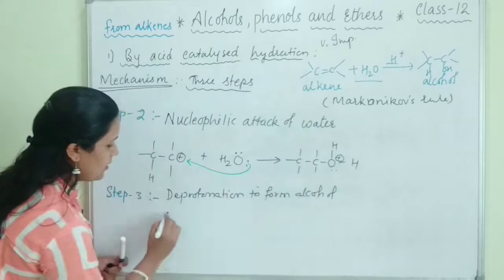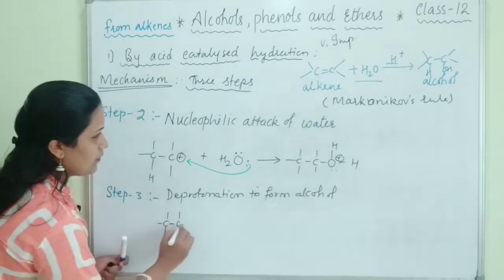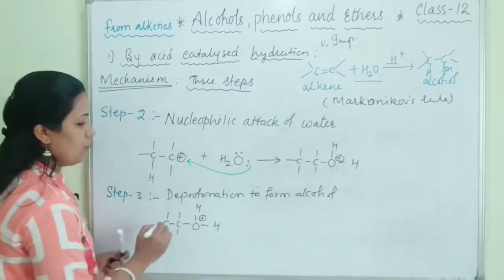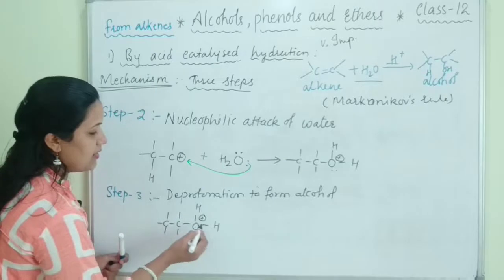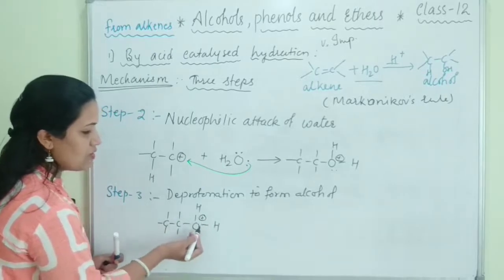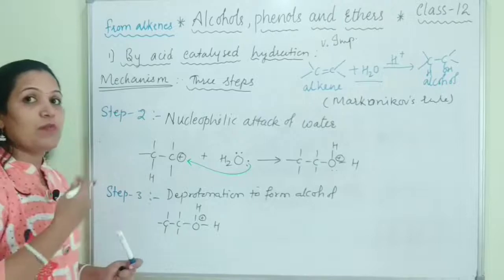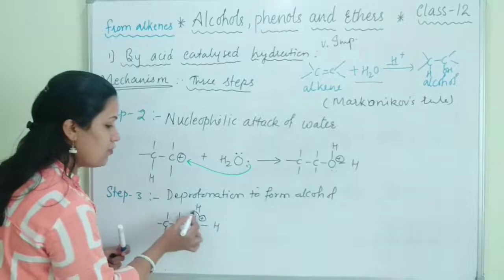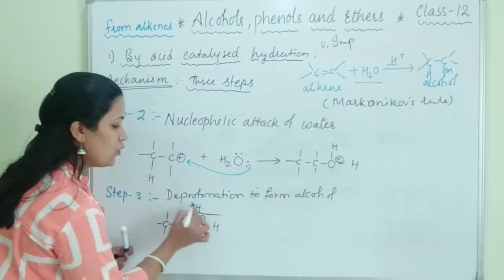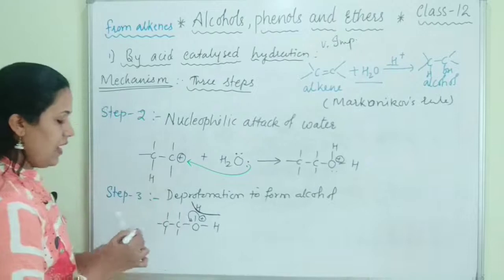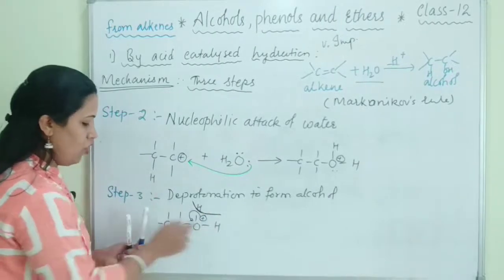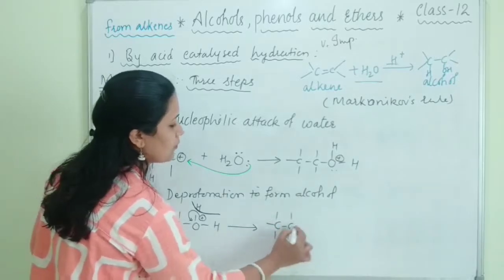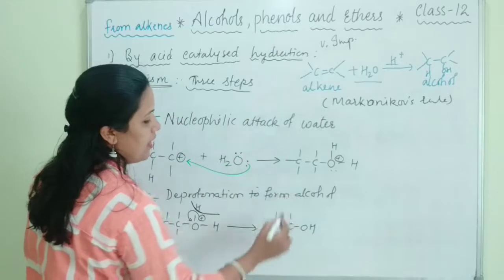How does deprotonation occur? Let's understand. So see this one, H and H, and then it would be positive. In this one we can understand deprotonation: what is the tendency of oxygen? Whatever electron pair it has given to someone, it wants that electron pair back, and when it wants that electron pair back, then it has to release a hydrogen. It can release this hydrogen or this one, any one hydrogen it will release and convert into OH, which is an alcohol.